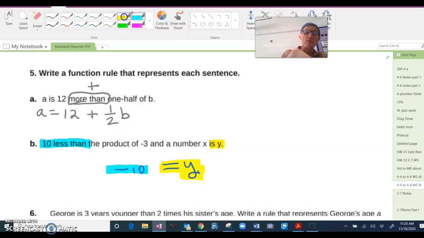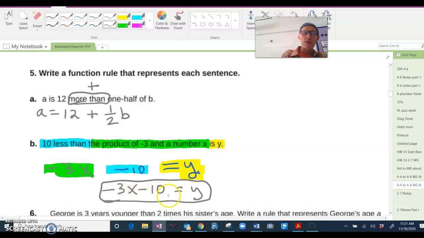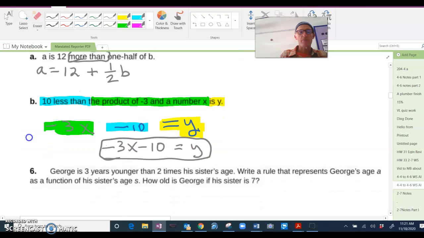And then the product of -3 and a number x goes right here. So the final answer in this problem is -3x minus 10 equals y.